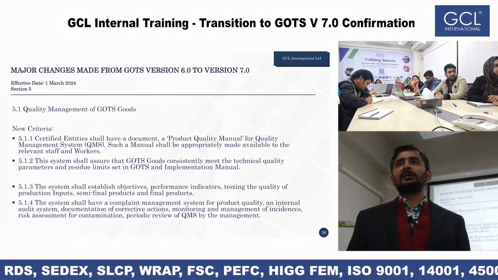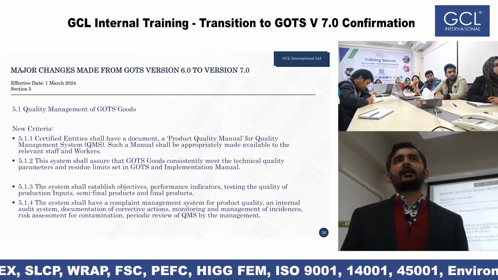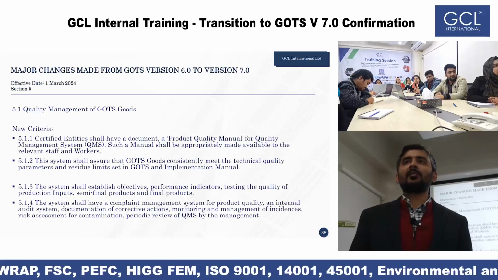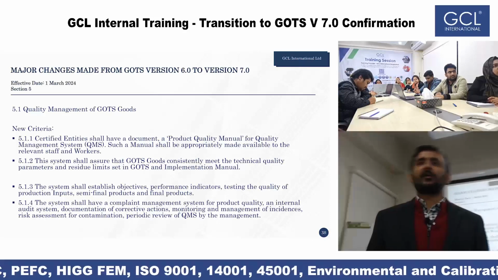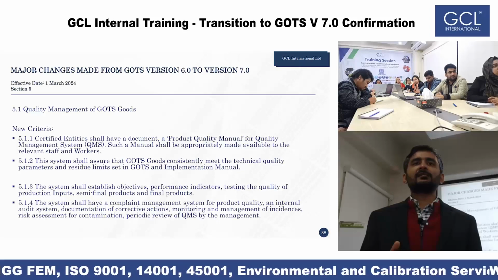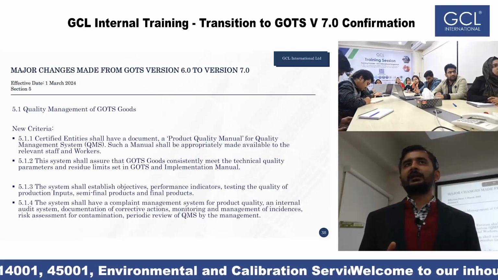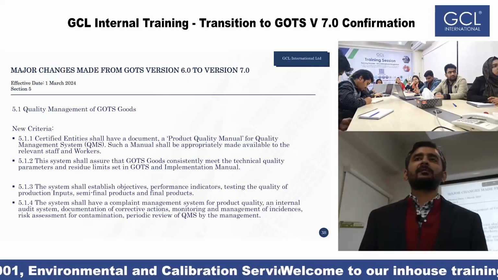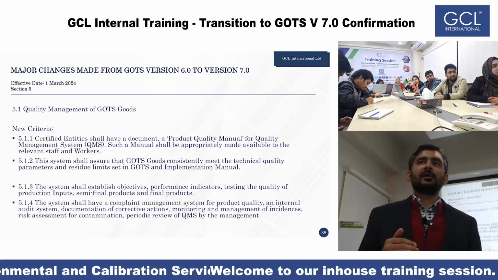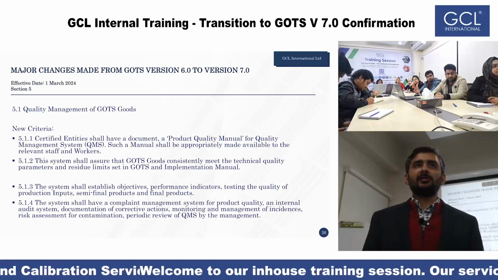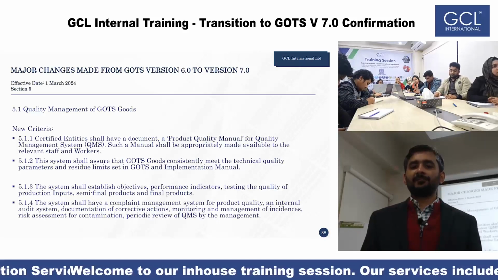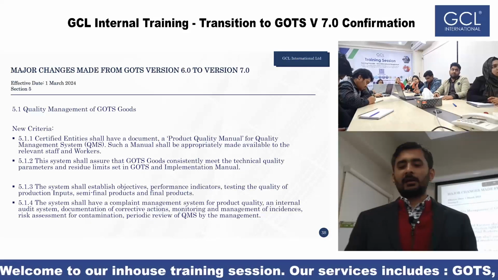Also, for meeting the GOTS quality criteria and the customer requirement, there shall be a complaint mechanism. If there is any complaint from a customer about the product quality, the company shall have a procedure for taking appropriate remedial action to meet the quality criteria. So, this is the criteria GOTS has added in 7.0.